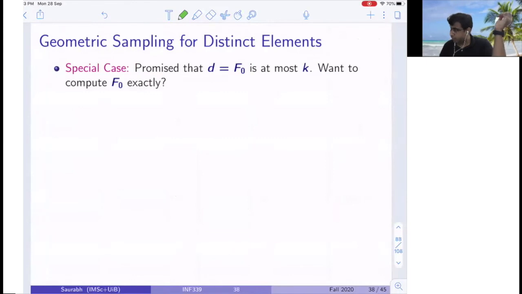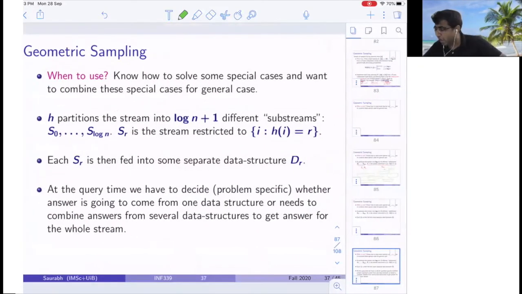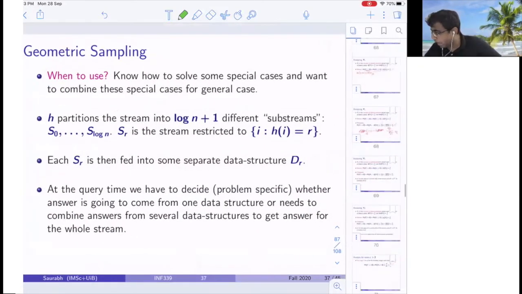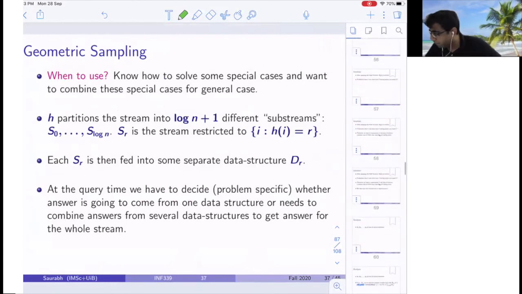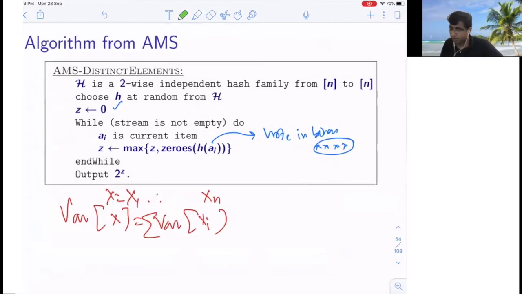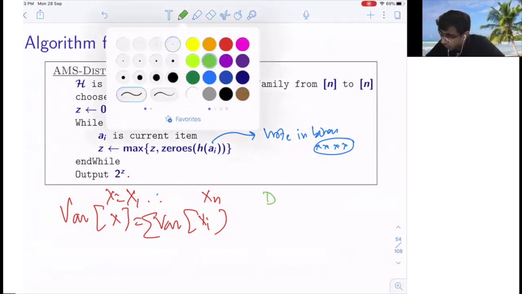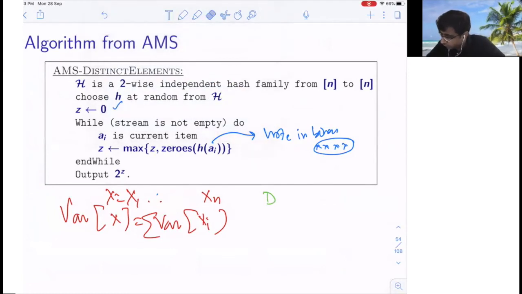Okay, so now in this language, let's go back and look at the AMS algorithm. What is happening actually? Think of it this way: we have data structures D0, D1, D2, up to D log n.